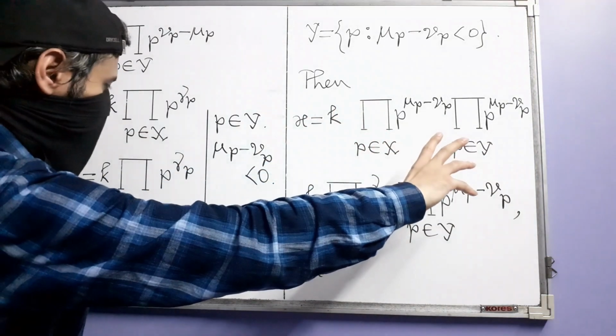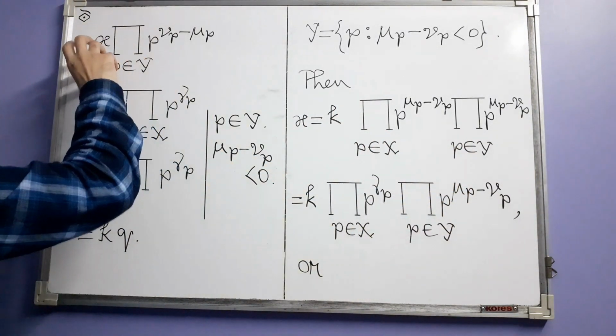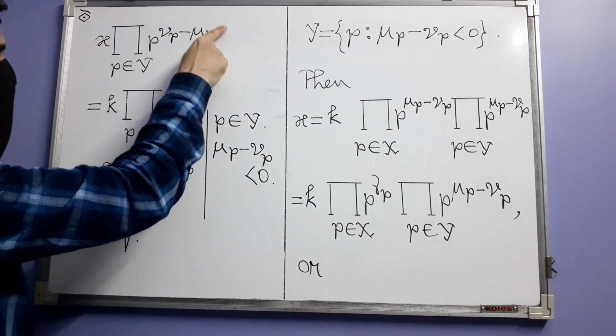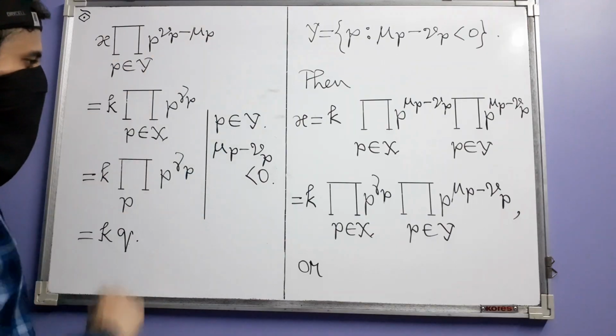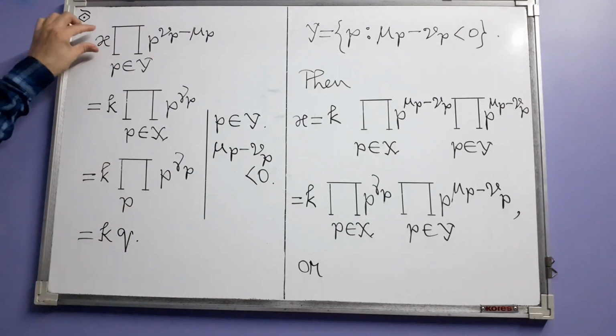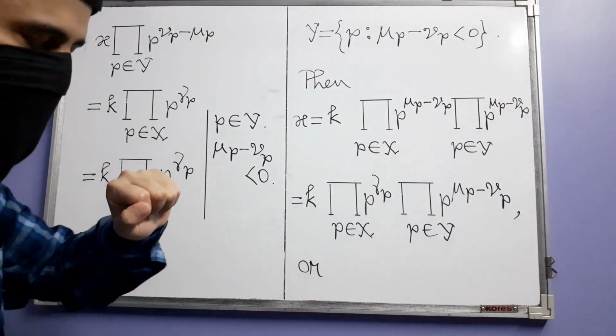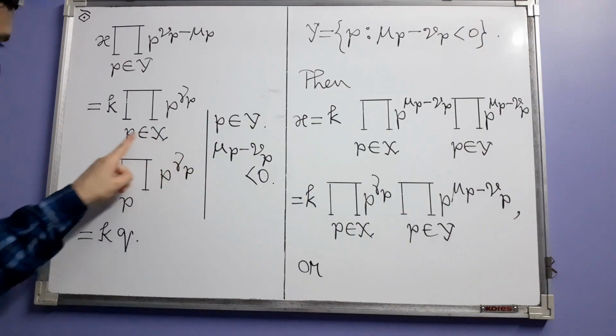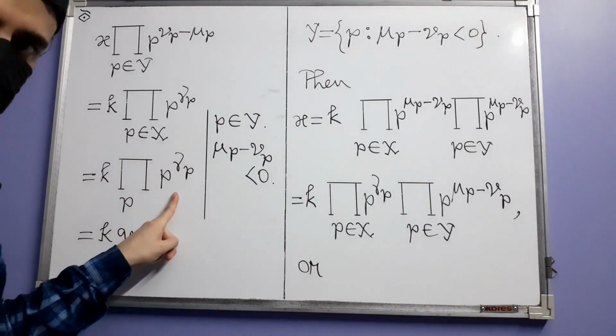But now, when we transfer this to this side, because of these inequalities and because p is varying over y, this product is now an integer. Now whatever we are looking at are all integers. X is an integer, this product is an integer, k is already an integer, and this is also of course an integer.